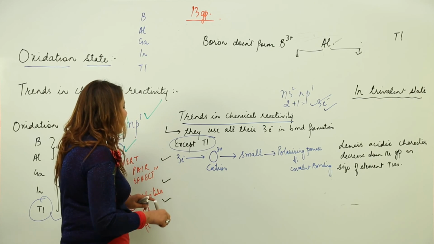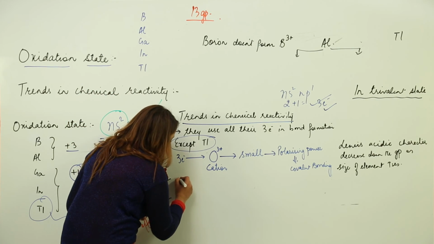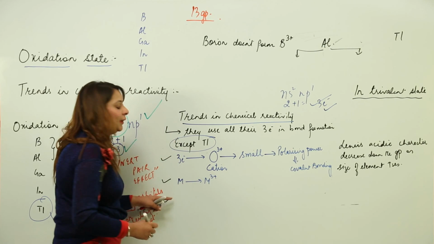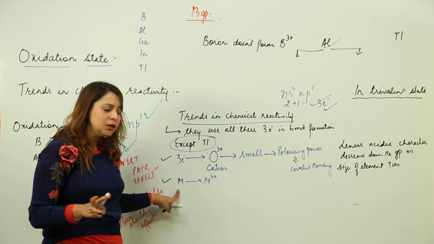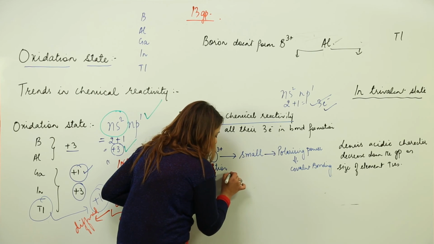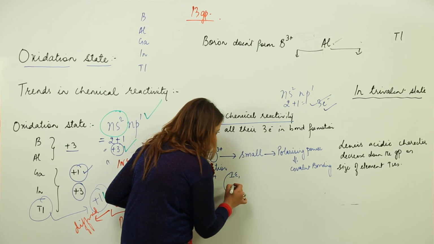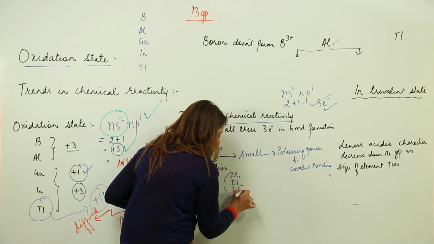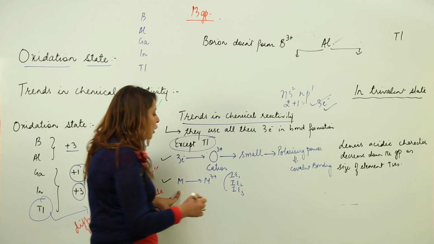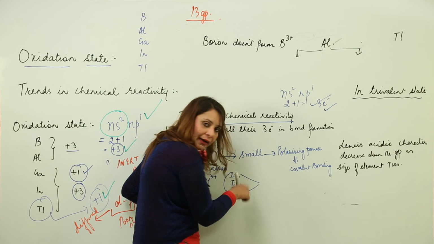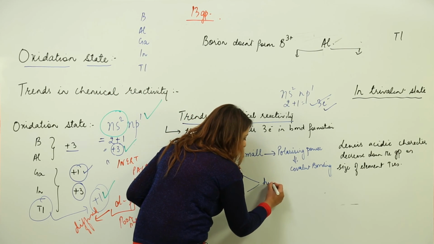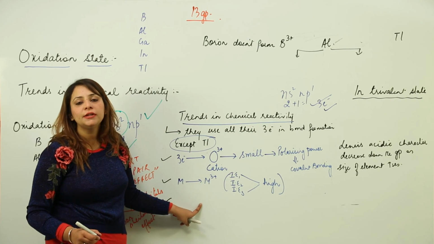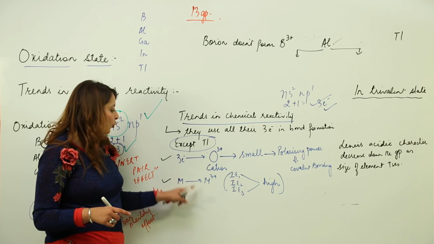The second thing is that if these metals try to become M3+, they need to lose 3 electrons. That means the first ionization energy for removing the first electron, the second for removing the second electron, and the third for removing the third electron, and in total we add them. Their sum becomes very high, so this much energy cannot be supplied to form M3+.